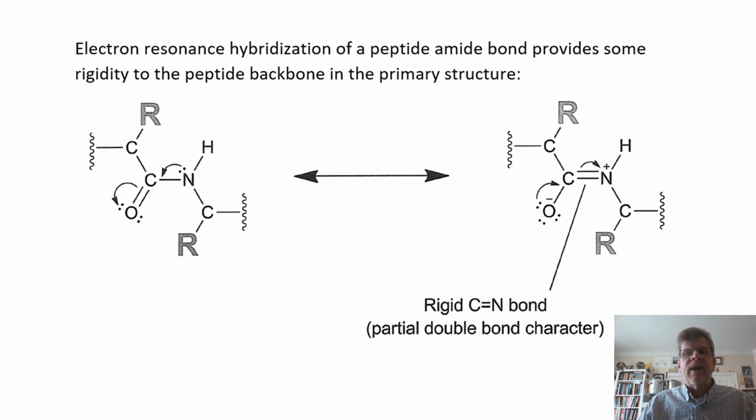We have, ultimately, what is called electron resonance hybridization of part of this peptide backbone. We saw this back in organic chemistry when we were looking at the structure of amides, in particular why amides were not as acidic like amines. That was because in these amides we had this resonance delocalization where that lone electron pair is kept busy, donating into the carbonyl and back and forth, so that we had this back and forth piece right here.